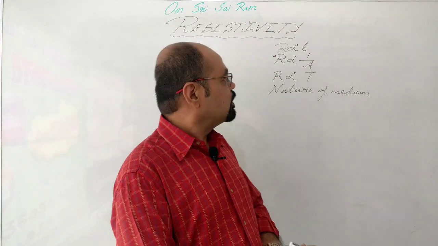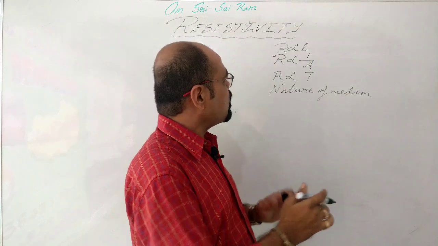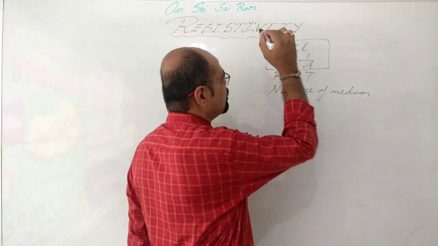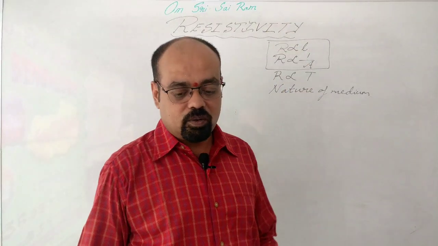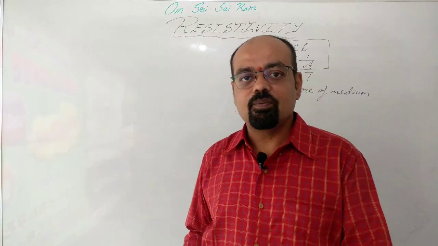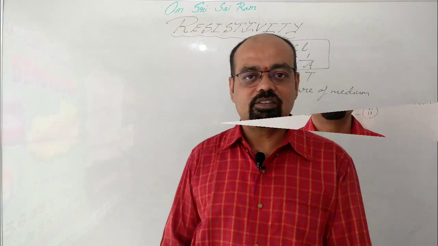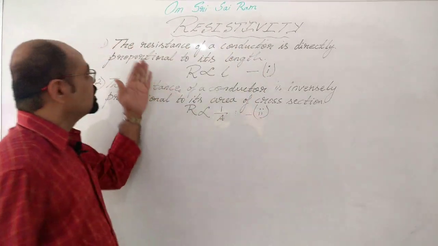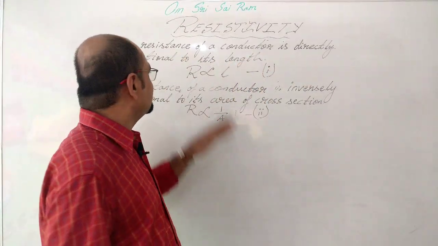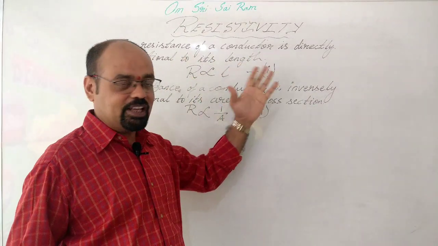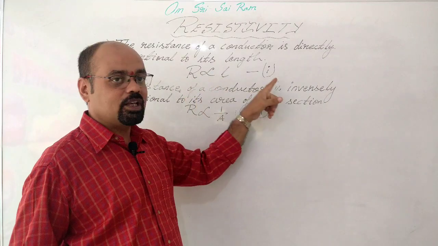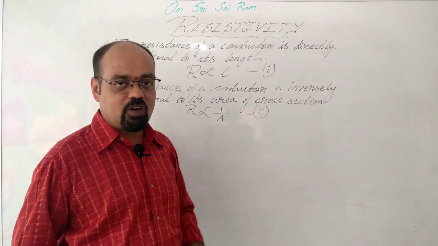So now let us consider among these two, that is length and area of cross section. Let me continue with the derivation of resistivity. Considering these two factors, the resistance of a conductor is directly proportional to its length. We can write it as R is directly proportional to L, considering it as equation 1.